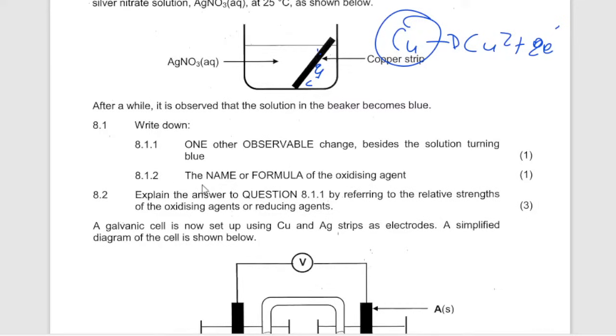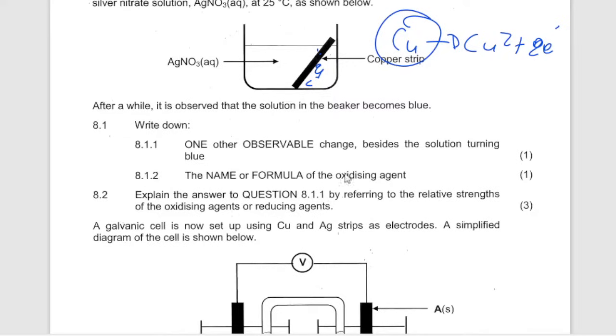8.1.2, name the formula of the oxidizing agent here. An oxidizing agent means that it is reduced. It means that it's supposed to be lower in oxidation, with a weak reactivity.